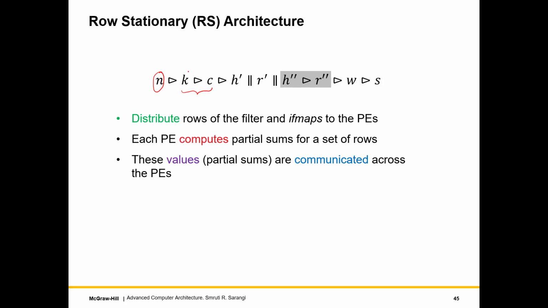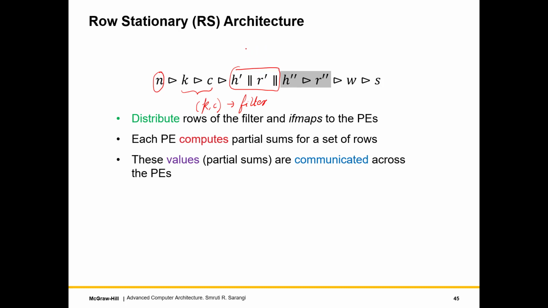I'm considering a simpler version, but when we look at the hardware version, we'll also try to parallelize this space. That doesn't matter at this stage. Essentially, fix a KC pair, which pretty much fixes the filter. Then this part is quite interesting: we actually make the division by rows.